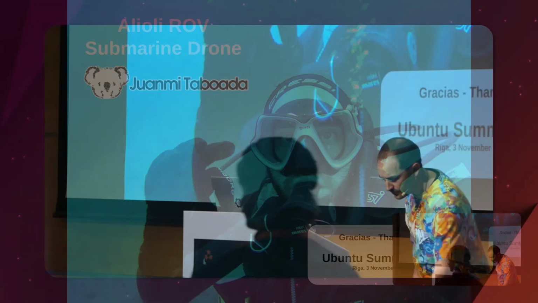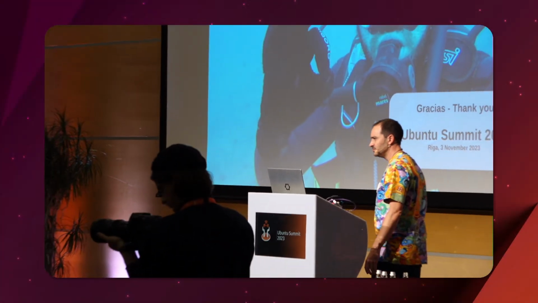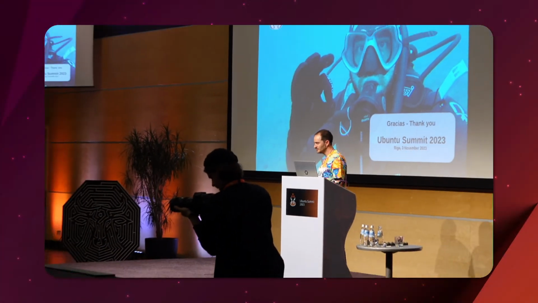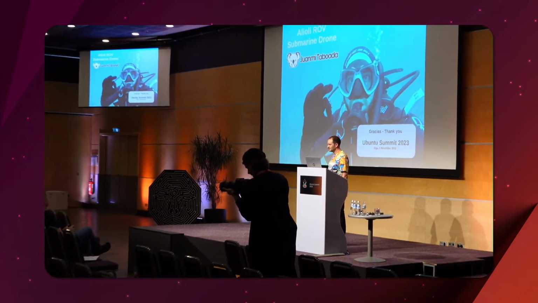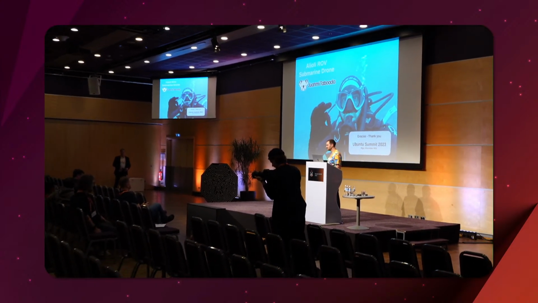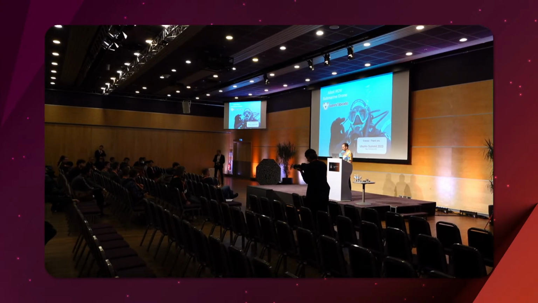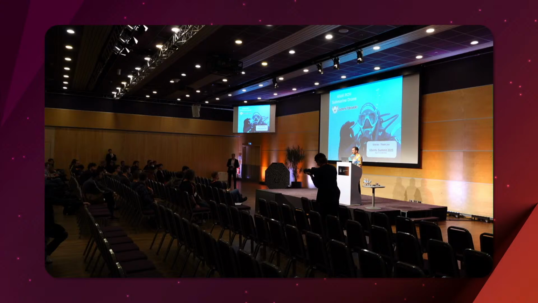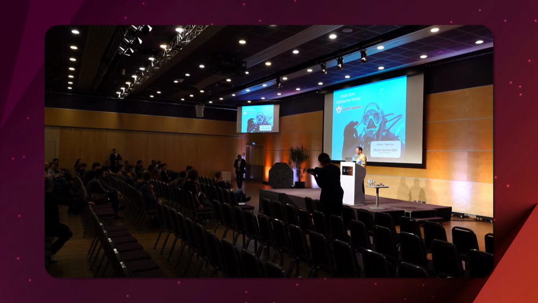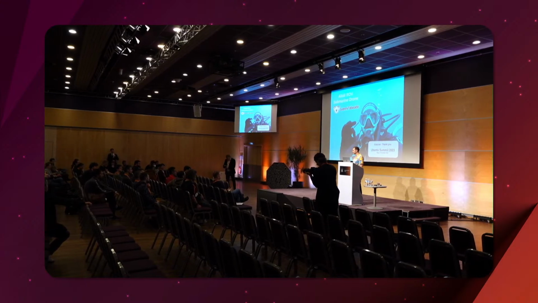Are you planning to add lights? Because in most of the world the water does not have so much light. Have you done it maybe already? It will have some lights.